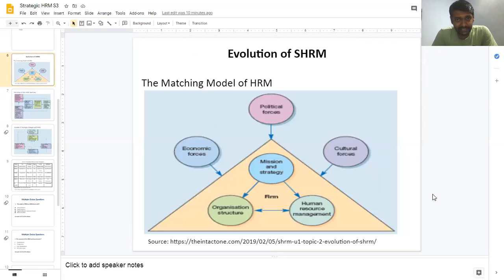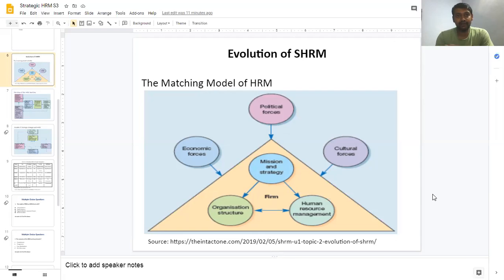So this is the matching model of HRM, which is very important. HRM used to follow various factors earlier, like political, cultural, organizational, and economic resources. The ultimate motto is to accomplish the mission and strategy.